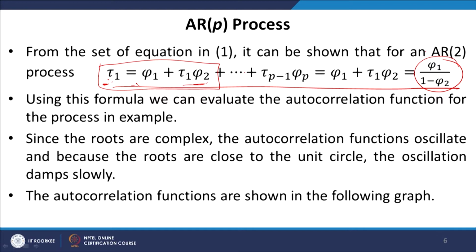So, this is the autocorrelation for an AR process, the autocorrelation of the first lag. Using this formula, we can evaluate the autocorrelation function for the process in the example. Since the roots are complex, the autocorrelation functions oscillate and because the roots are close to the unit circle, the oscillation damps very slowly. This was also shown earlier that even with real roots, if the coefficient phi is very close to 1, then the AR series is much more persistent, right.